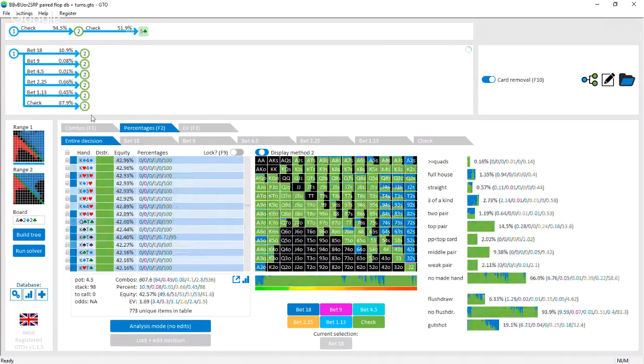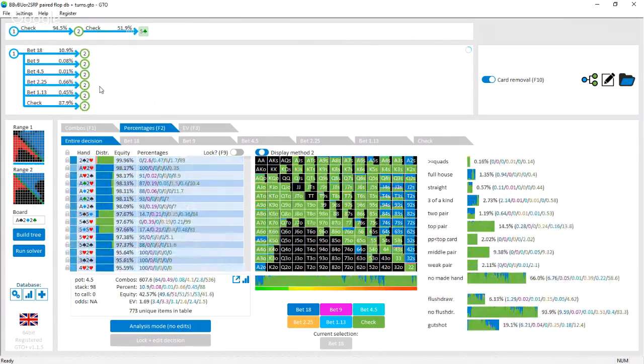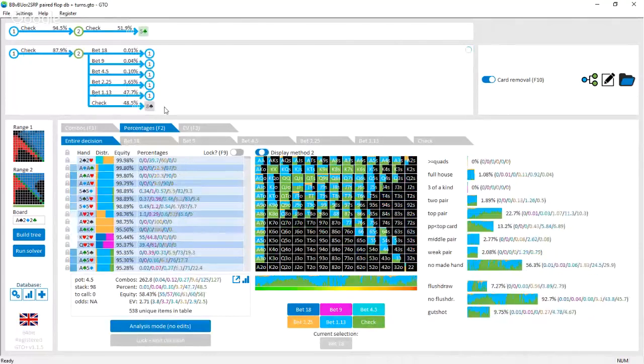But if they're betting like 40% of the time into you on this turn, let's say they bet every ace on the turn. Yeah. Say they did that, which is a very silly thing to do. If they did that, then when they check, you should basically bet everything. So we should value bet all our pairs and all our aces. Yeah, you could even bet your entire range, to be honest.